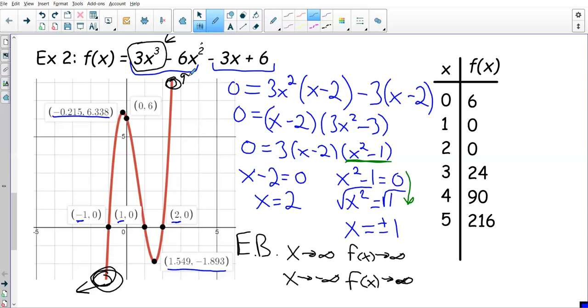All right, let's take a look at our data table now. I'm hoping some of you have an idea of what to expect when we look at our sequence of differences here. All right, so I'm dropping by 6. I've got 0. I'm increasing by 24. I'm increasing by 66. That doesn't seem like there's any nice pattern here. I'm increasing by 126.